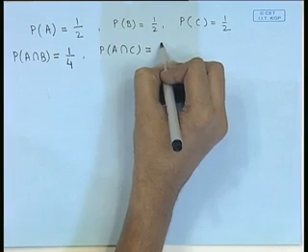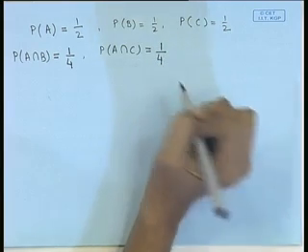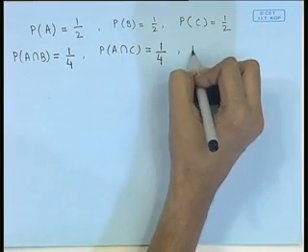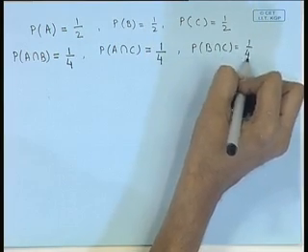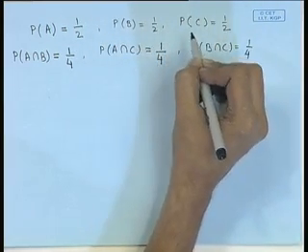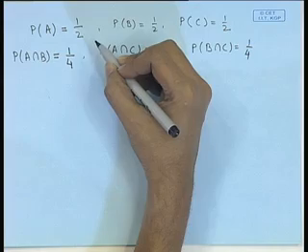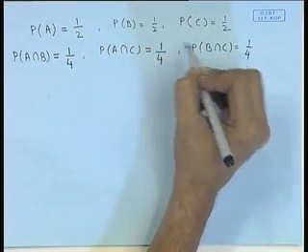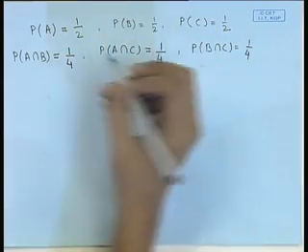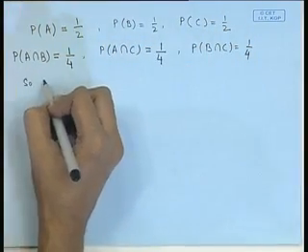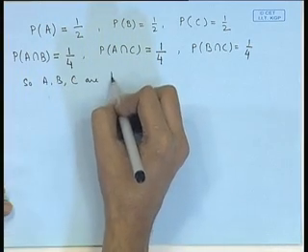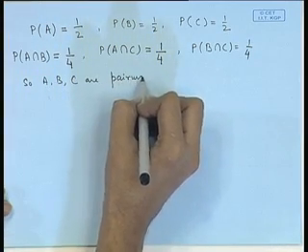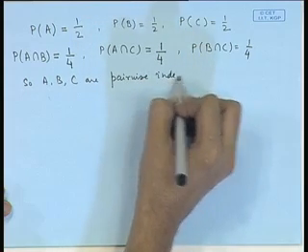So, this becomes 9 by 36, again 1 by 4. Similarly, probability of B intersection C is 1 by 4. Naturally, you can see that the conditions for the pairwise independence are satisfied here. So, A, B, C are pairwise independent.